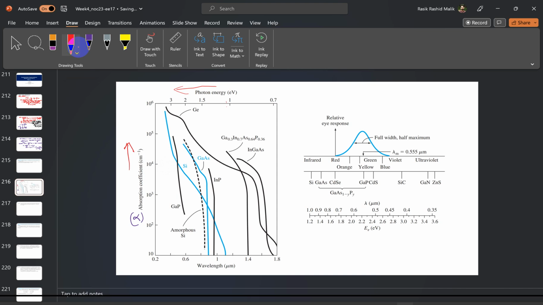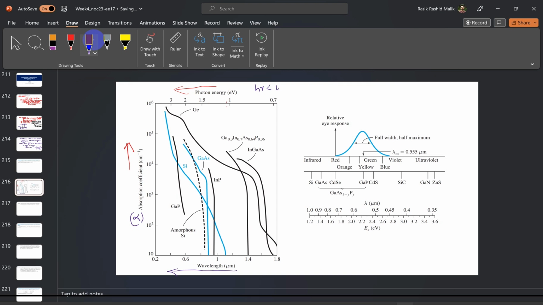Similarly for wavelength: when the wavelength decreases, meaning the energy is greater than the band gap, the absorption coefficient becomes very steep.